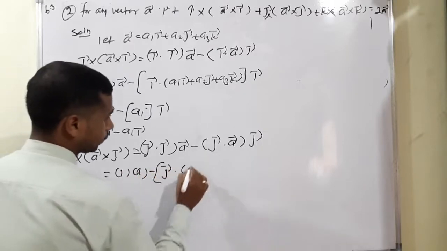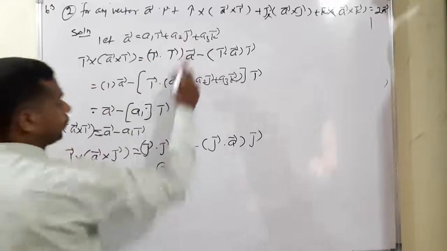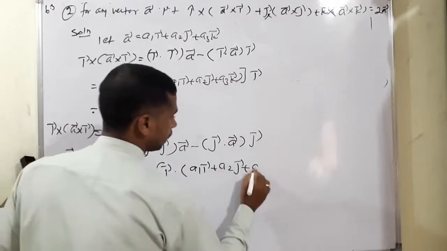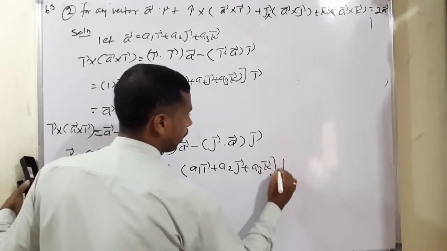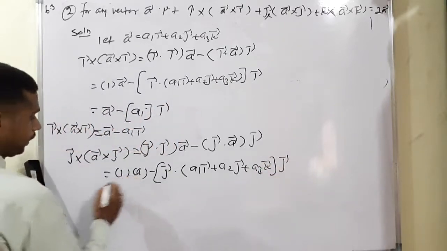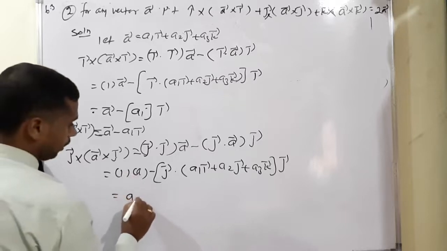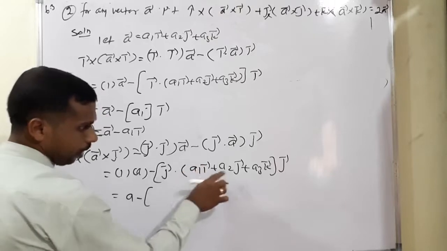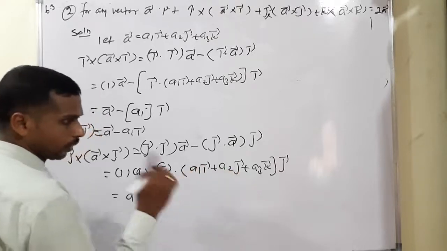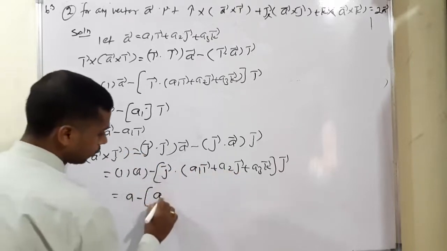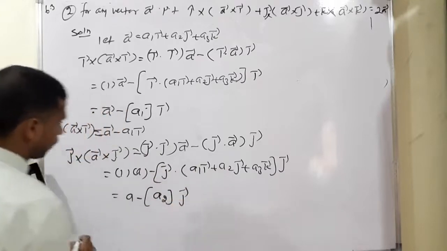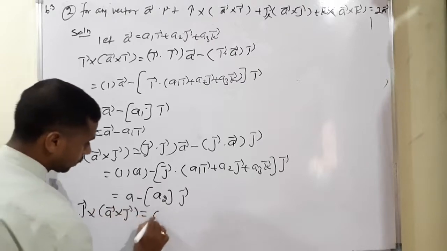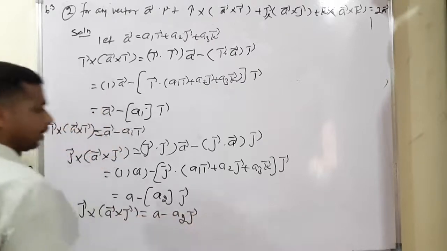A vector means A1 I vector plus A2 J vector plus A3 K vector, with J vector outside. 1 into A means A, then minus: the I vector dot J vector is 0, and what remains is J vector dot J vector, a unit vector, so 1 will come. A2 into 1 means A2, and outside the term is J vector. Therefore, J vector cross (A vector cross J vector) is equal to A minus A2 J vector.